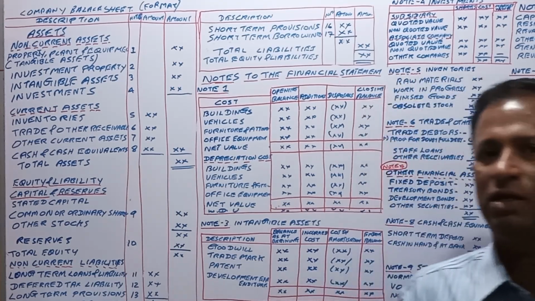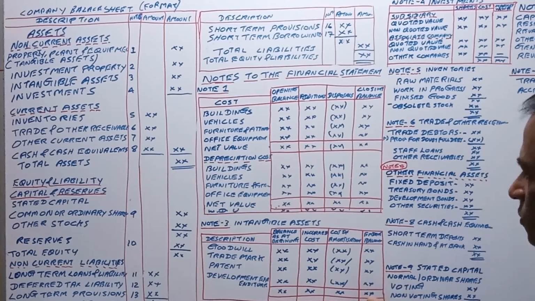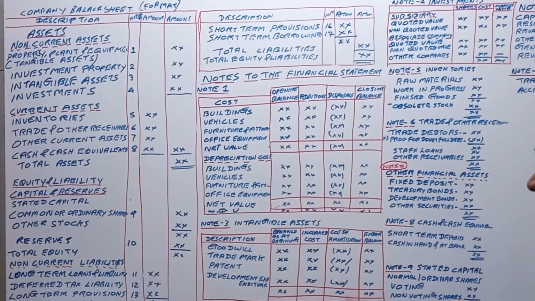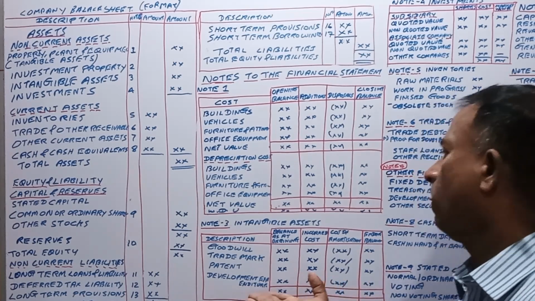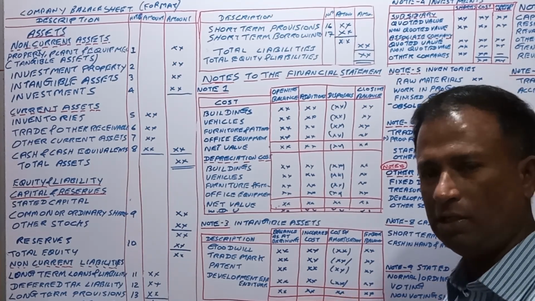That amortization has to be deducted from cost brought forward plus cost incurred during the year. So you will get the year end balance, right? This is the year end balance. This is the presentation for the intangible assets in the note, right? Okay, have you got it?